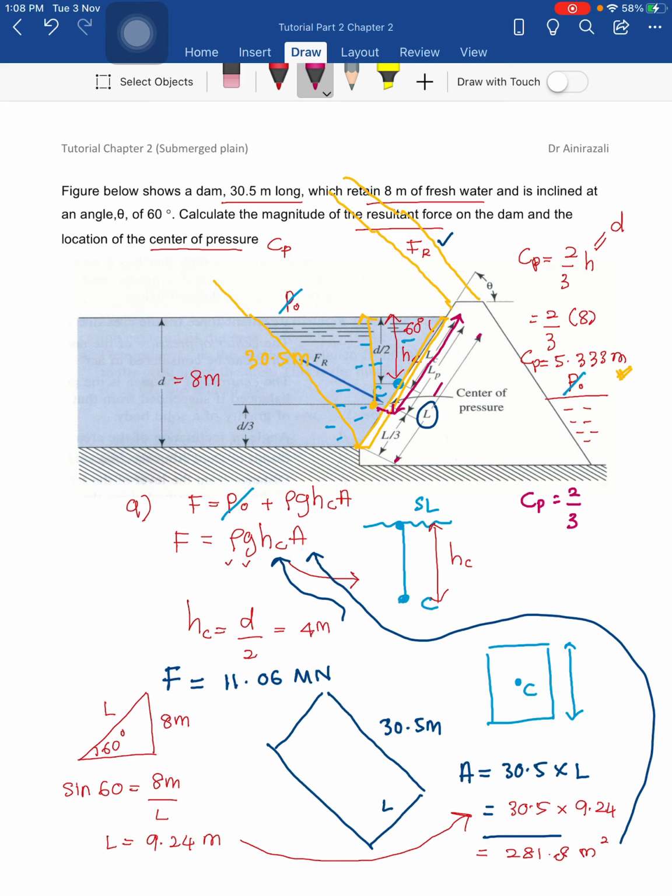Your length is L, so 2/3 of your L, which you just got as 9.25 meter.